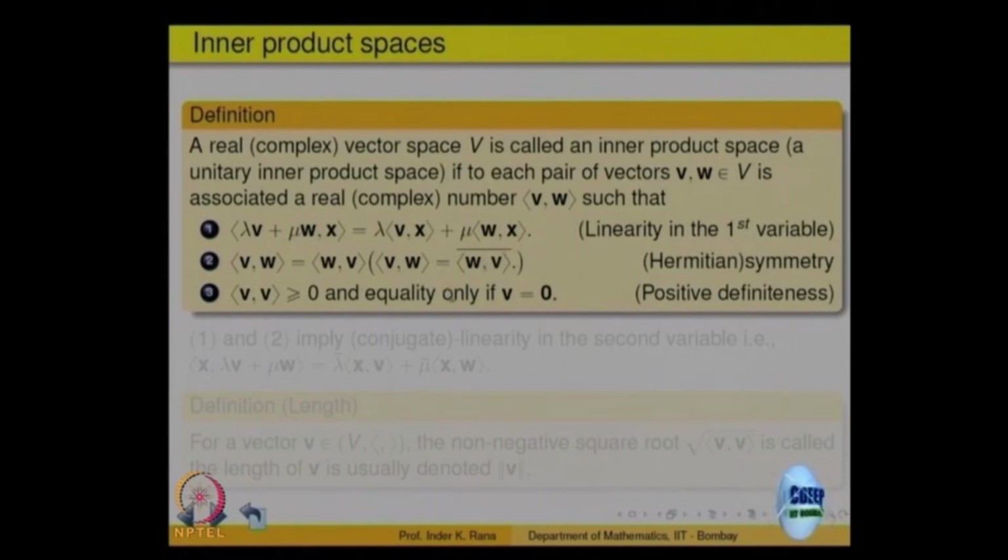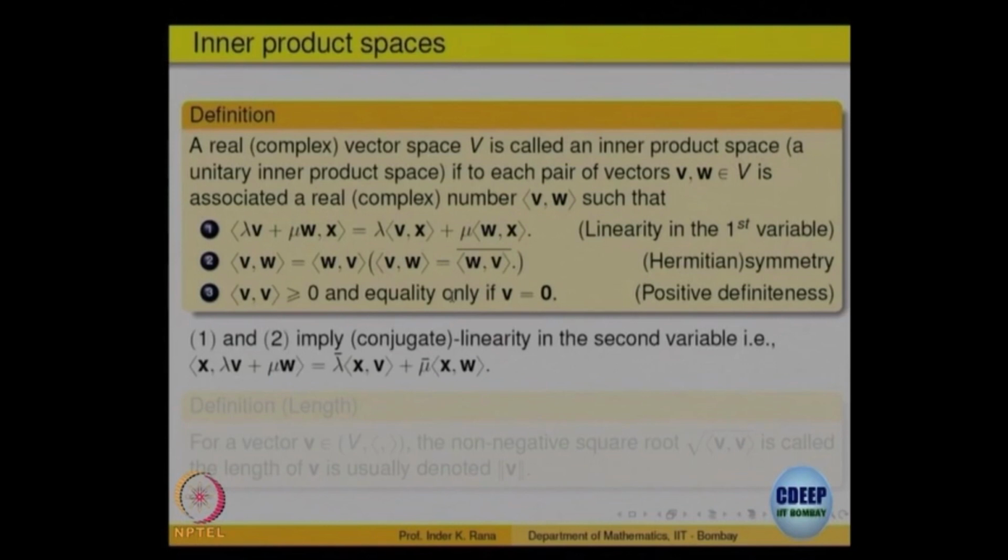In the second variable it is conjugate linear if it is over complex, otherwise linear. So, as a consequence of the first and second properties, it is conjugate linear in the second variable: x with lambda v plus mu w. Addition remains addition, but the scalars from the second variable come out as lambda bar and mu bar, because of property 2.